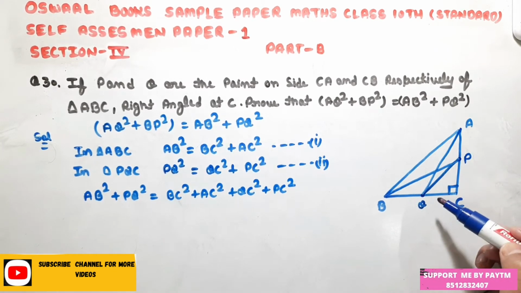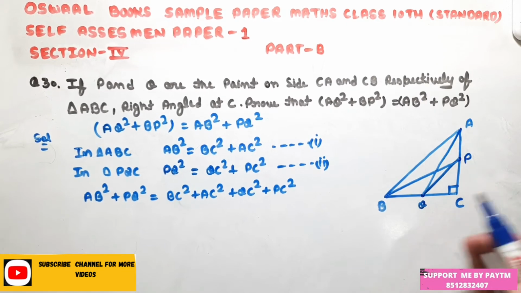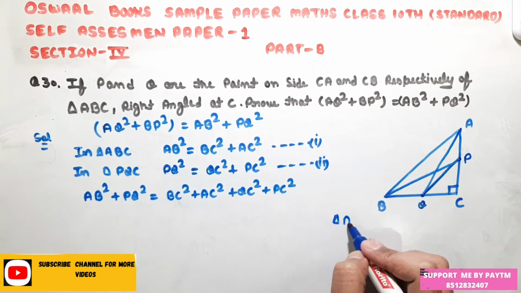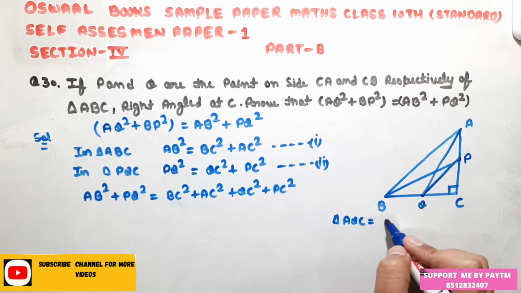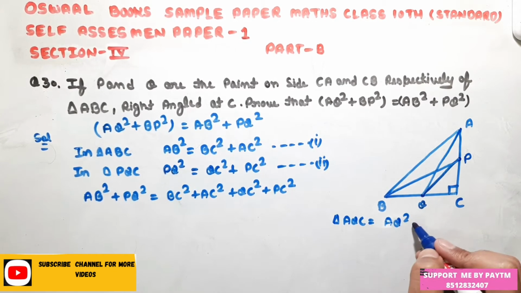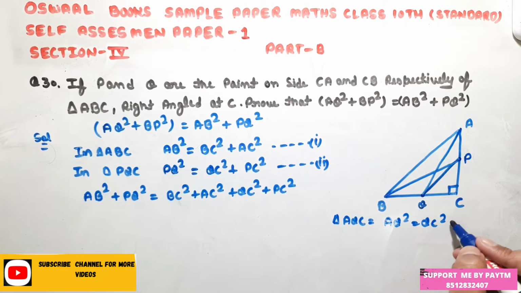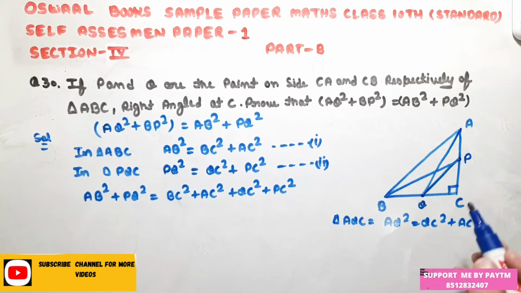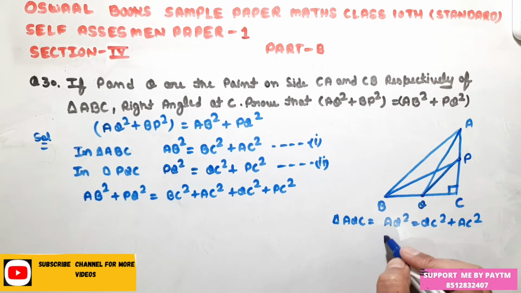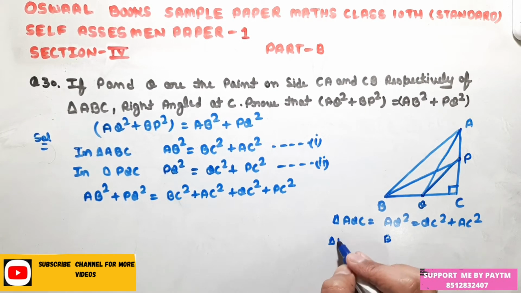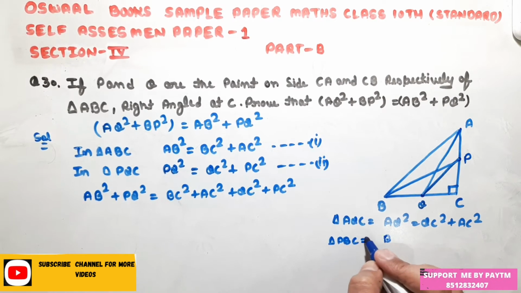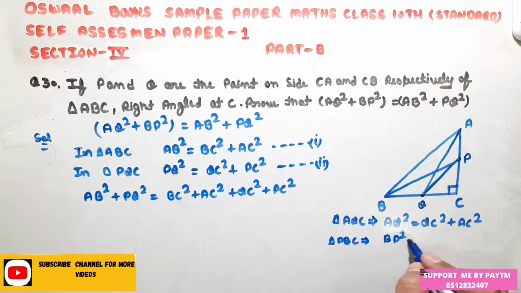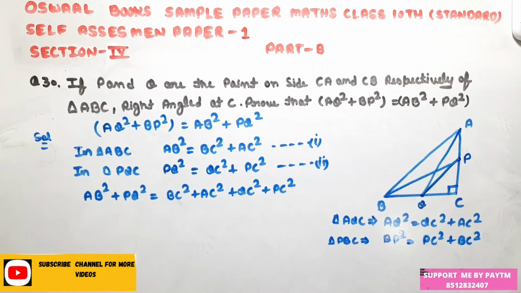In triangle AQC, AQ square will be equal to QC square plus AC square. In triangle PBC, BP square is equal to PC square plus BC square.